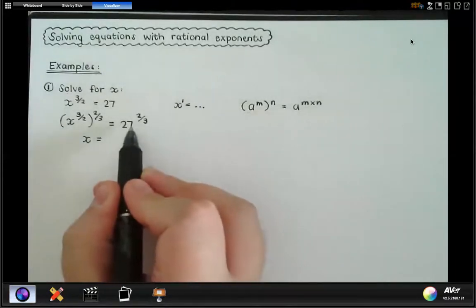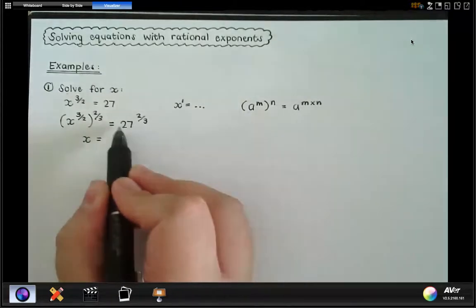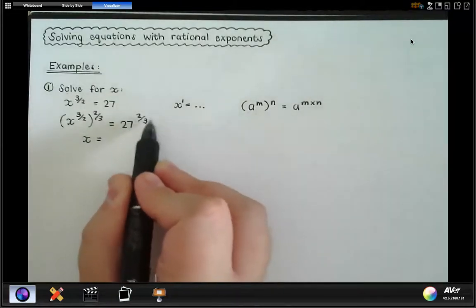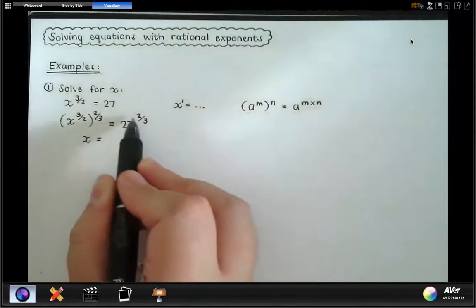What we are going to have to do in order to do this without the use of a calculator is write 27 with an exponent that will cancel out the denominator of our fraction.